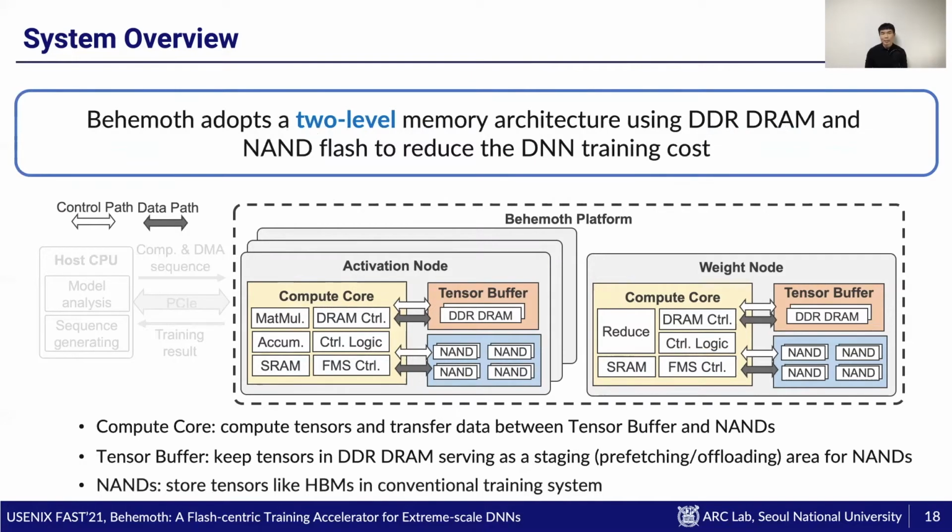Especially, Behemoth adopts a novel two-level memory architecture using DDR-DRAM and NAND flash memories to reduce the cost of DNN training. That's the principal difference between Behemoth and conventional training systems that use HBM as a single-level memory system.